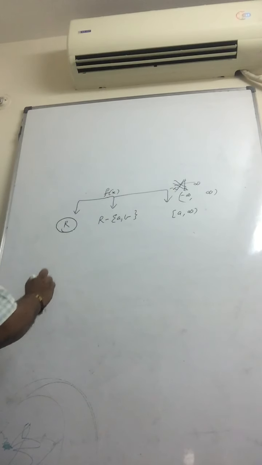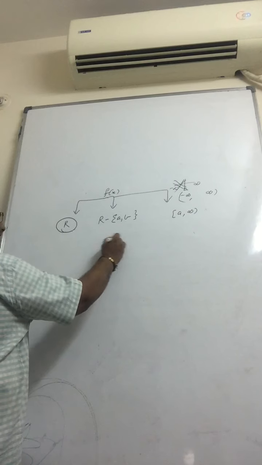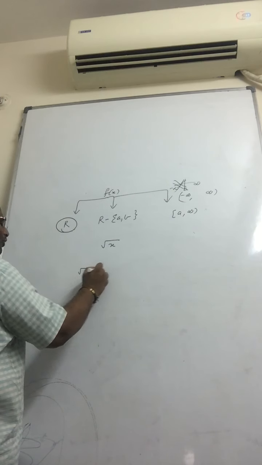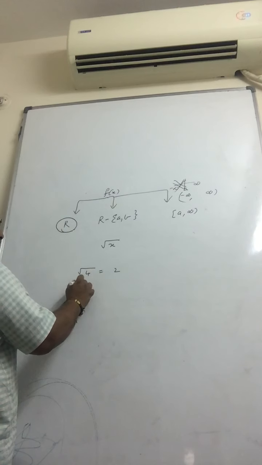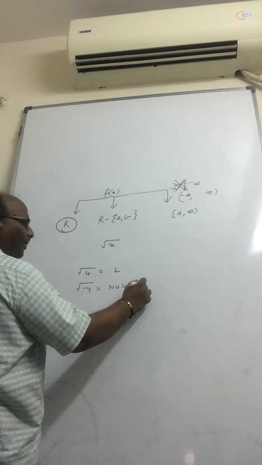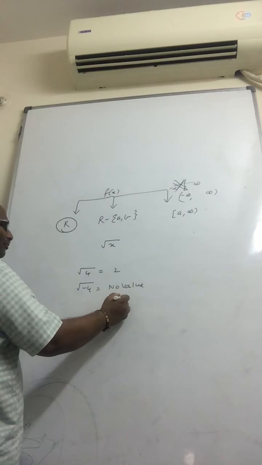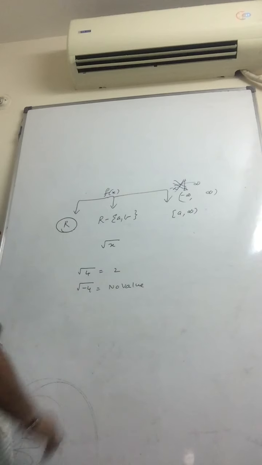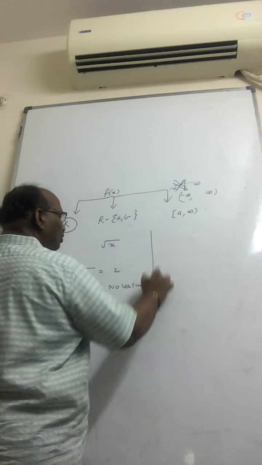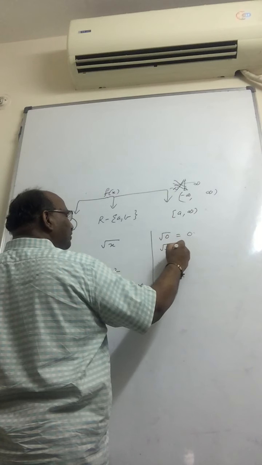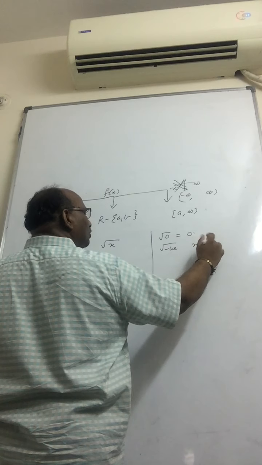Third category: root x. We are discussing real valued functions. Root 4, I will write 2. Root minus 4 has no value. If you square something, like minus 2 squared, you get 4, you don't get minus 4. So it is not having a value. Root 0 is 0. Root of a negative has no value.